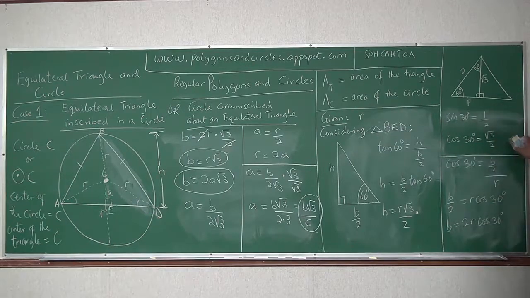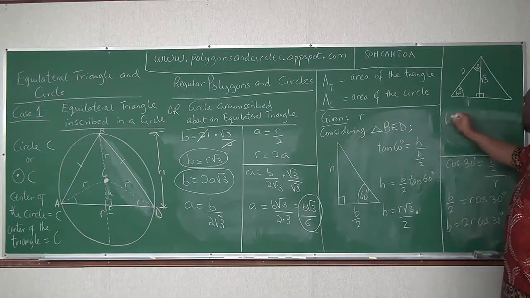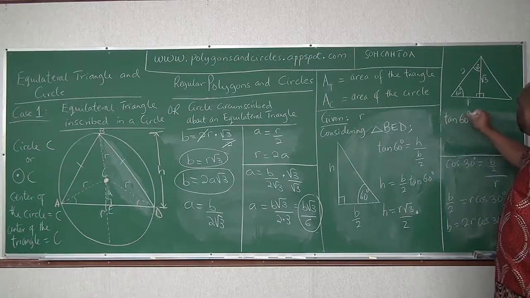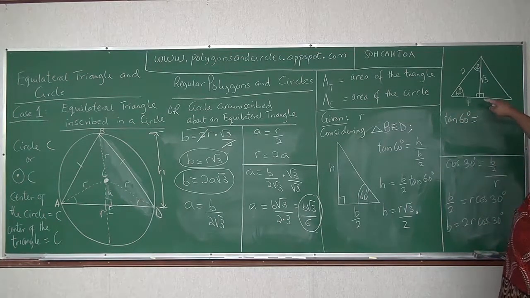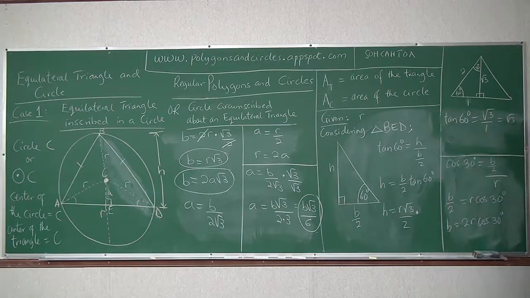Tan 60 degrees is opposite over adjacent, root 3. So this is times root 3.